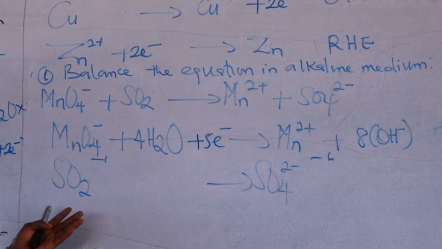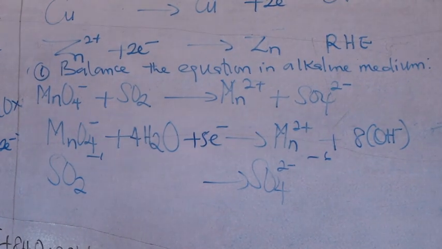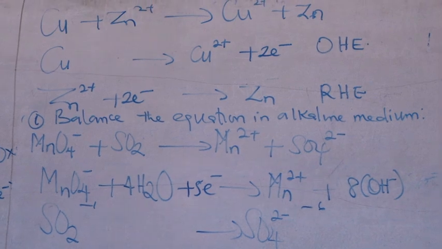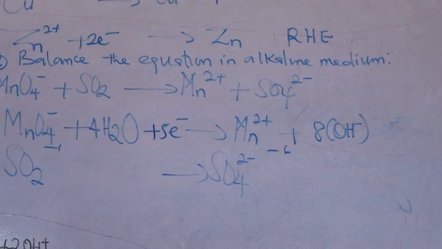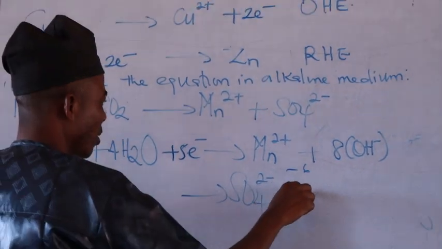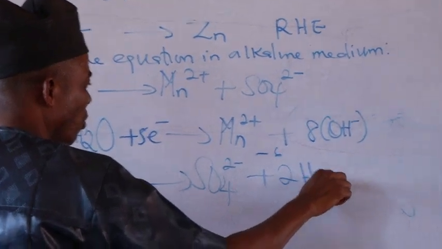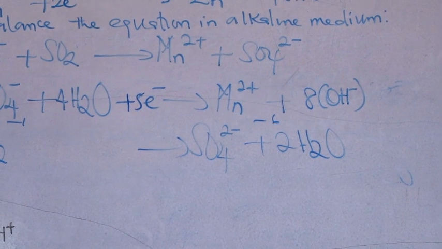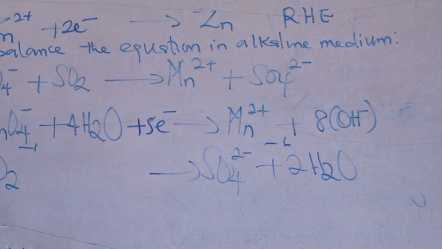Are we having water molecules here? No. Water molecules should be added to where there is more oxygen. Then how many water molecules are we adding here? 2 water molecules. The number of water molecules to be added should be equal to the difference in the oxygen atoms between the 2 sides.